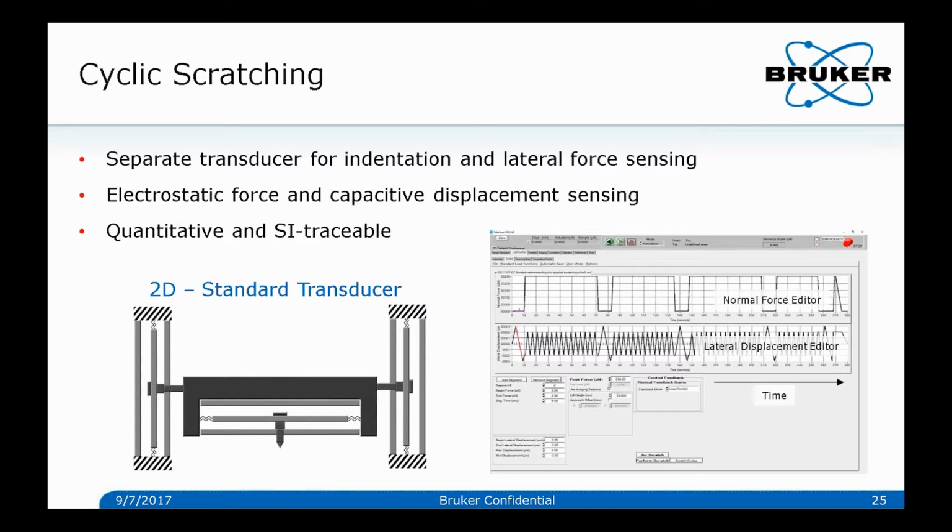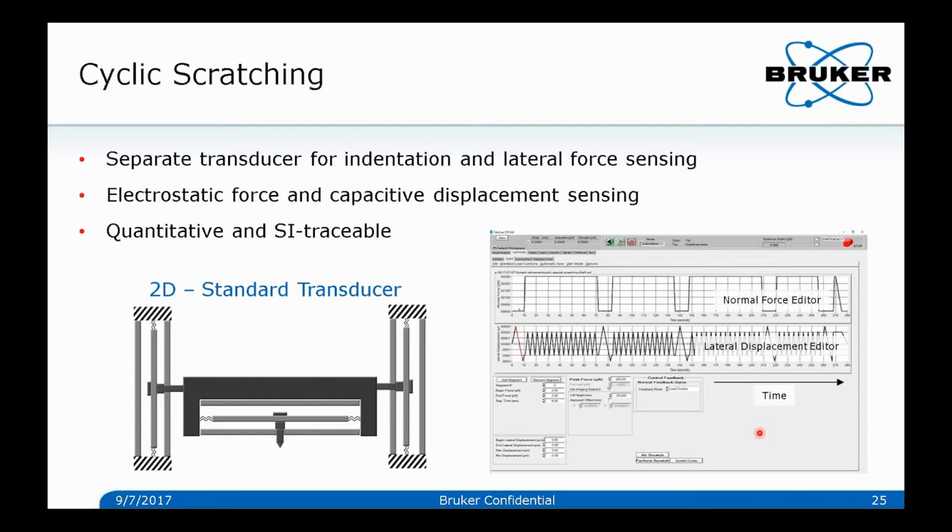And then on either side of that, you have two other transducers, which are used to pull the tip laterally, left or right, and control the lateral position. So it's quantitative, it's SI traceable, it's calibrated in the same way, and allows you to do scratch testing. This image of the software here shows a fairly complex scratch test where we're doing many cycles of scratching.